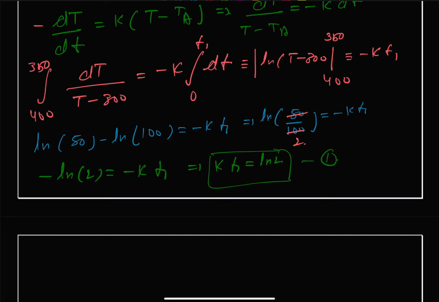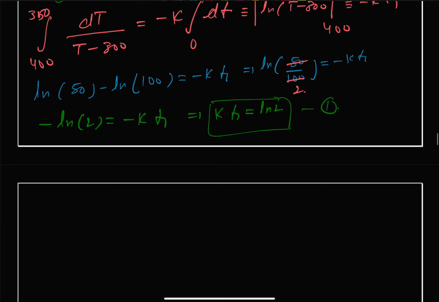Let us call this equation number 1. Now this is our temperature equation basically for our first phase. Now we have to find out what will be the temperature during this phase.